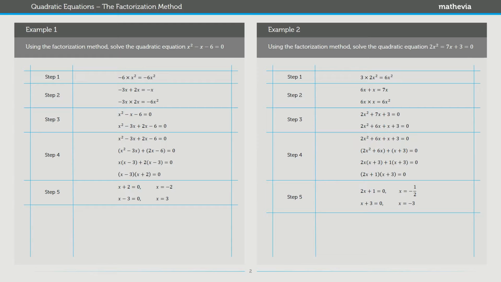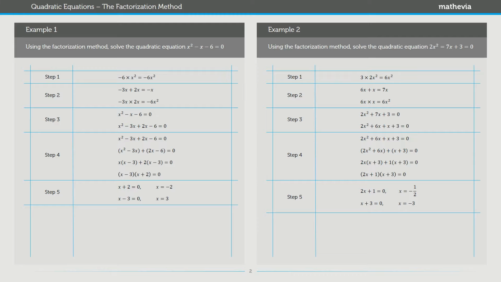Okay, so the next step, step 3. The next thing we want to do now is substitute the sum of the two terms we obtained from step 2, minus 3x and 2x, into our equation, because from step 2 we've established that minus 3x plus 2x is minus x.